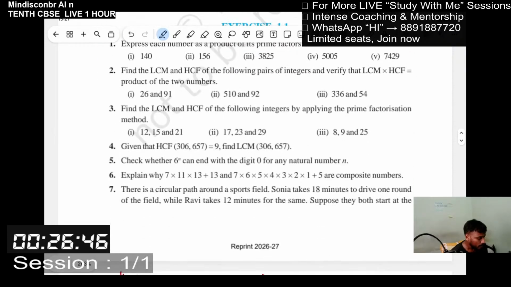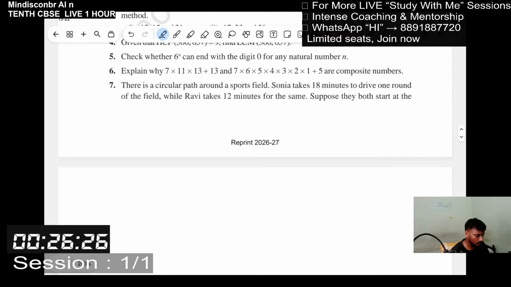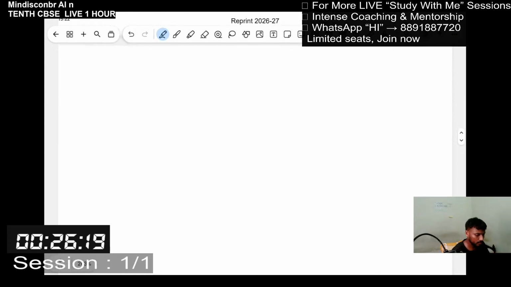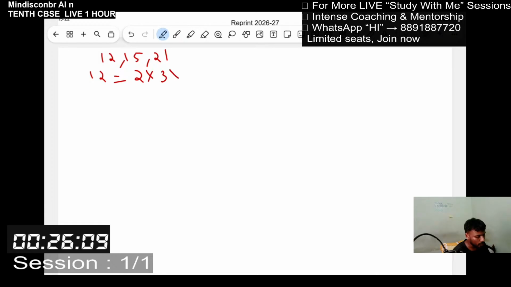Now coming to the next. Find the LCM and HCF of the following integers by applying the prime factorization method. 12, 15, 21. 12 is equal to 2 into 3 into 2, and 15 is equal to 3 into 5, and 21 is equal to 3 into 7.